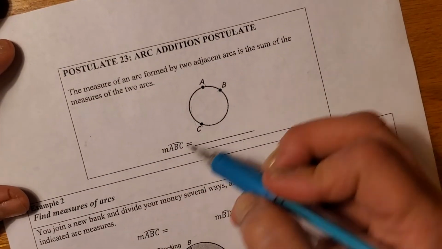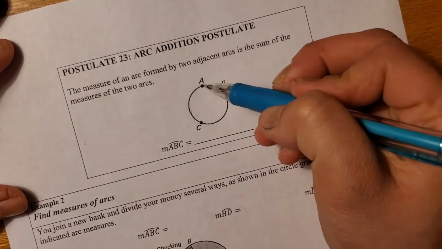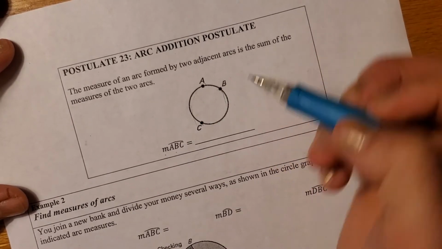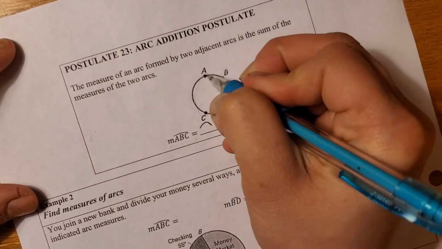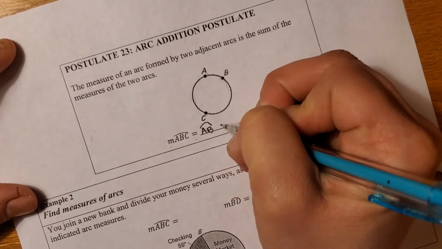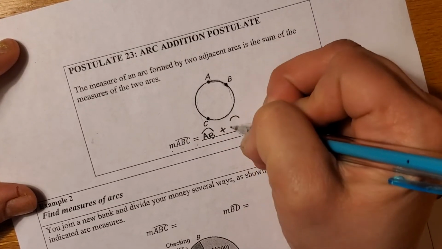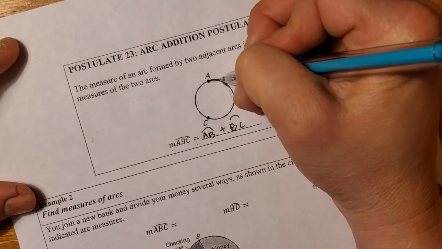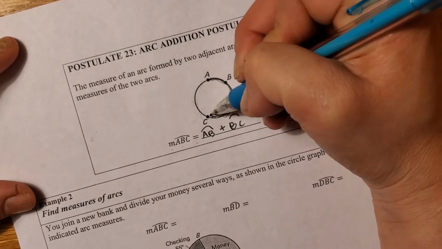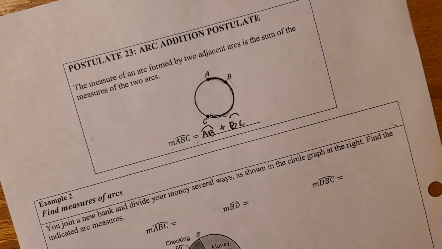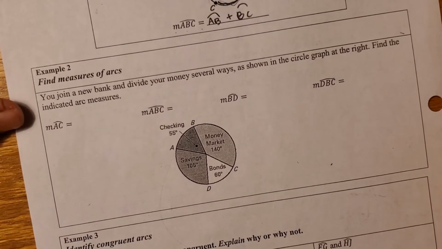Basically, the measure of arc ABC is equal to the measure of arc AB plus arc BC. That's arc addition. So we'll use that in the next example.